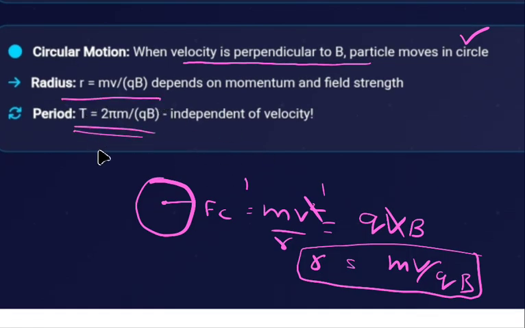Similarly, we can find the time period also. To find the time period, first of all, v we will find. If you do v square by r, then you will get omega value. Omega is equal to 2 pi by T. From this we can find out the time period.